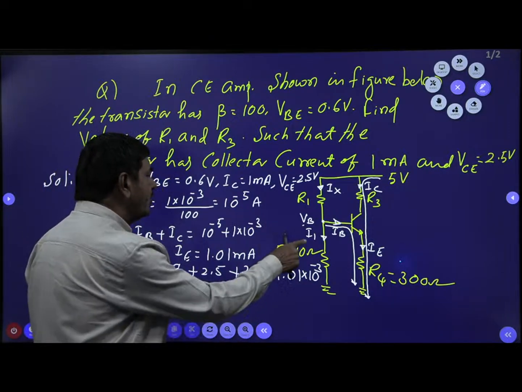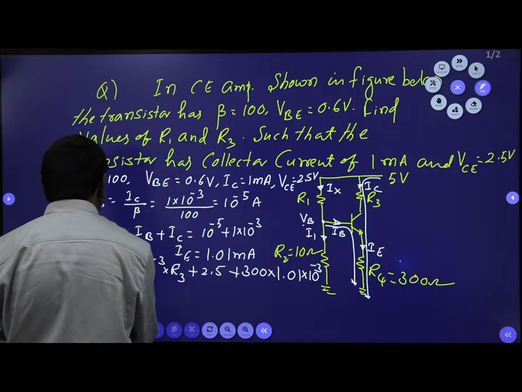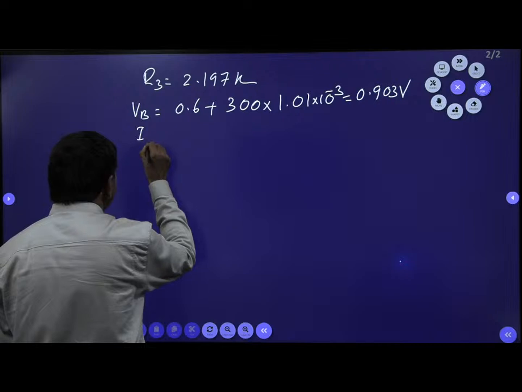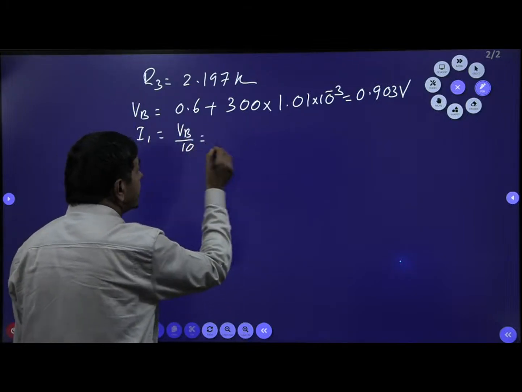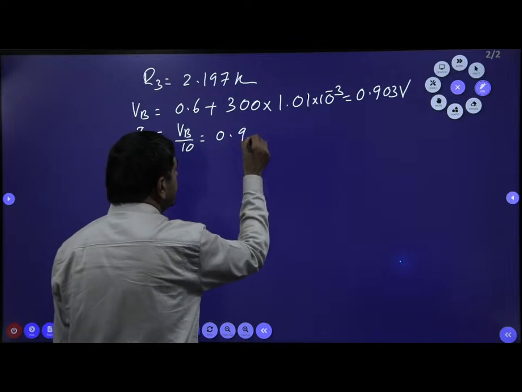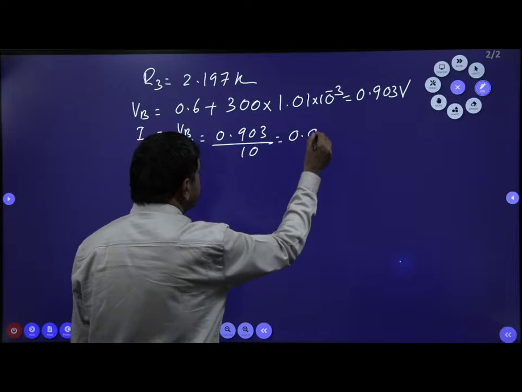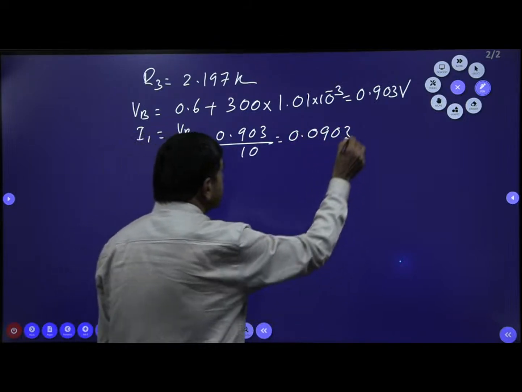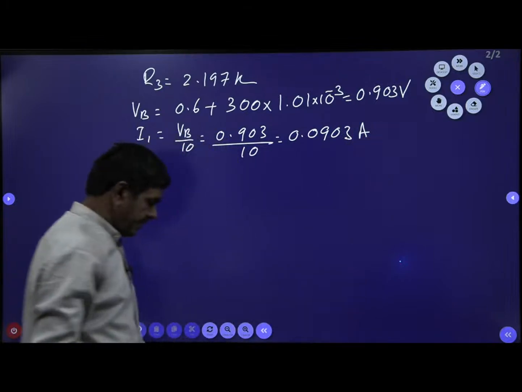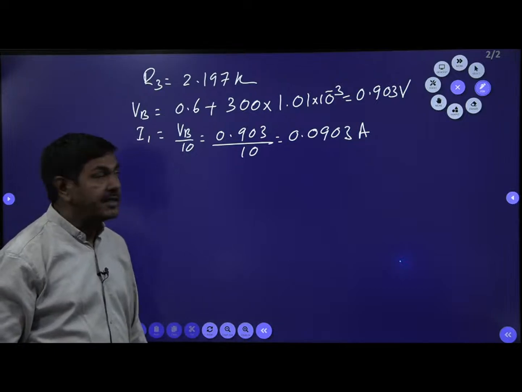That's why I1 equals VB by 10. VB is 0.903 divided by 10, so I get 0.0903 amperes of current.